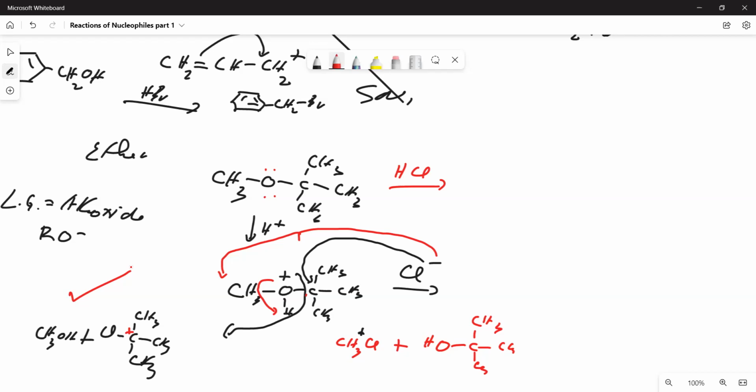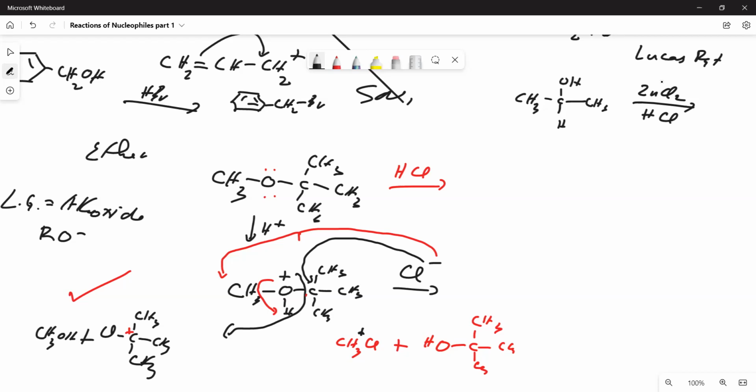Okay, in the laboratory setting, substitution reaction, like for example, conversion of alcohol to alkyl halide, you use what you call Lucas reagent. In Lucas reagent, you use an additional catalyst, zinc chloride.